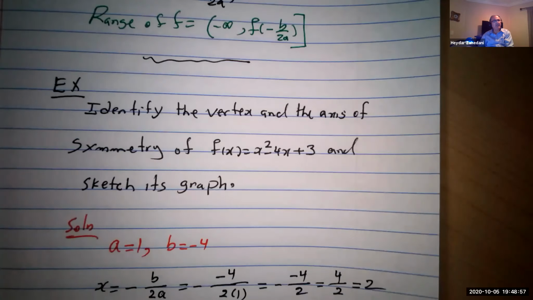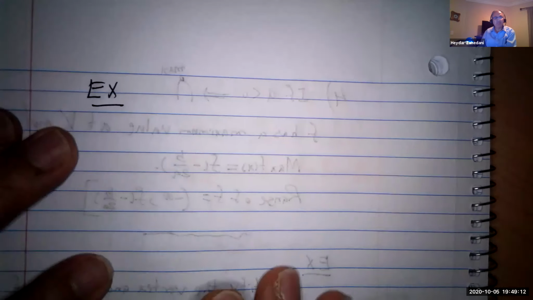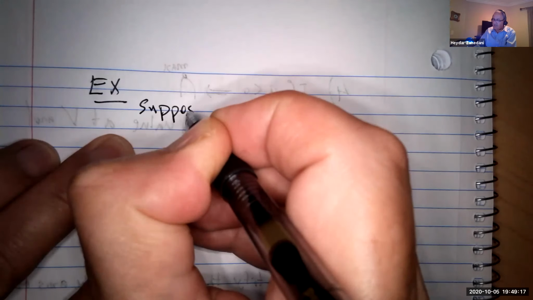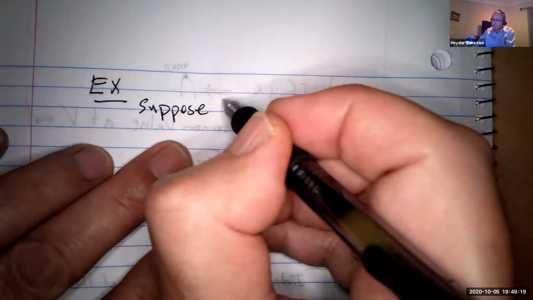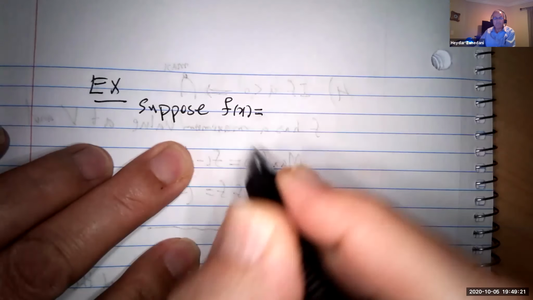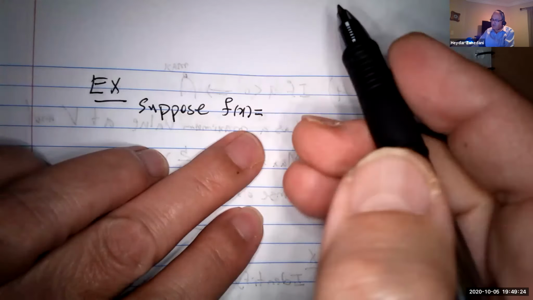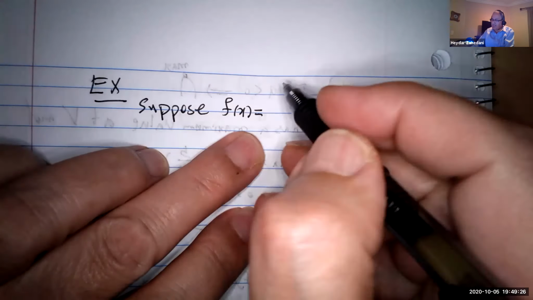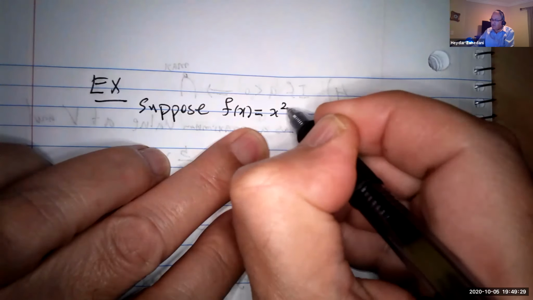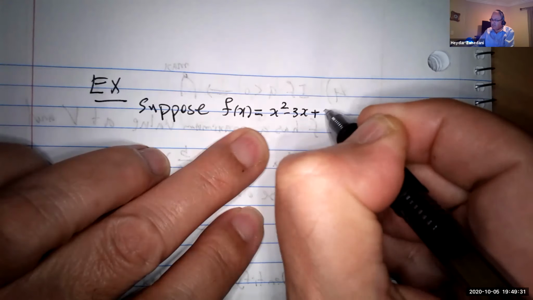The other version is the same question, but they may ask you indirectly. Look at this one. It's a function format, like in calculus. So the next problem, we may give you the function. Suppose your function is f(x) equal to, how about negative x squared minus 3x plus 1 this time.